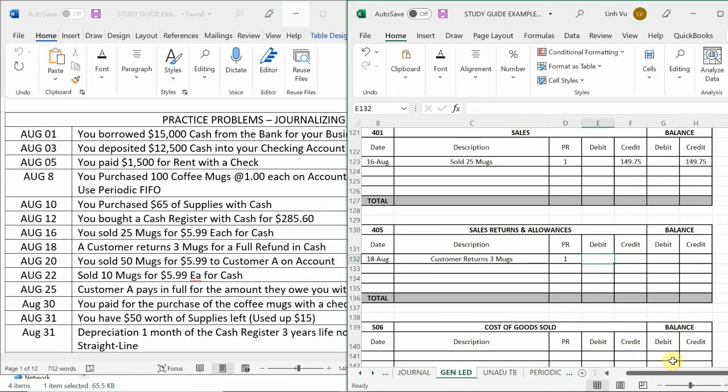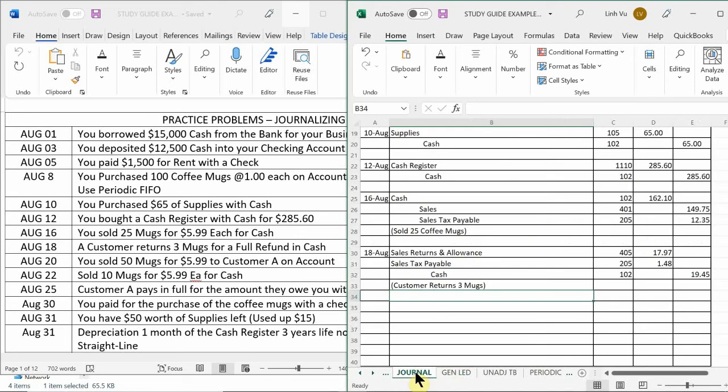Okay, so sales returns and allowances for what was it, $14.97? No, $17.97.